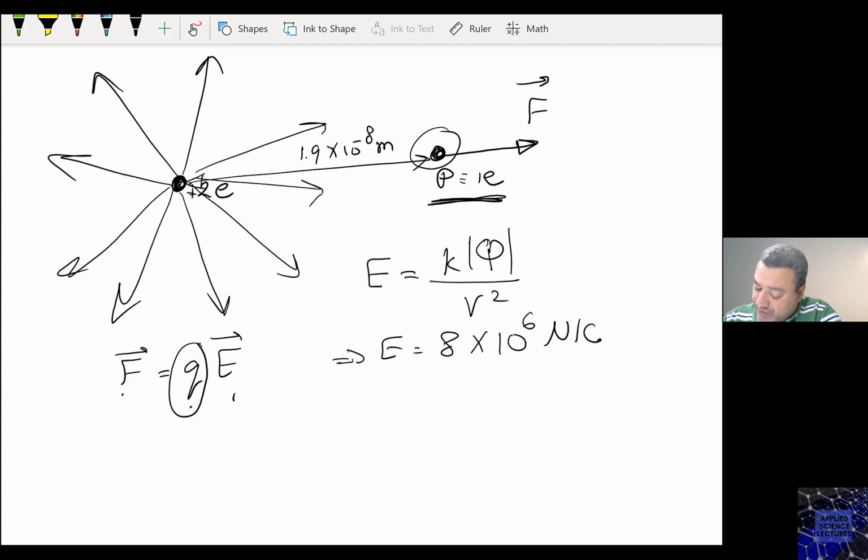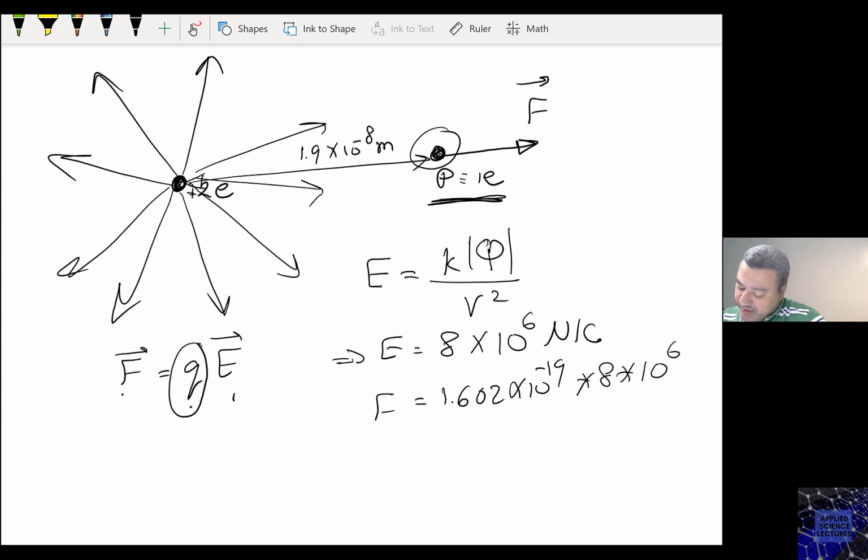So this is the electric field right at this point. Then the force is 1.602, a positive, times 10 to the power minus 19 times 8 times 10 to the power 6, right?